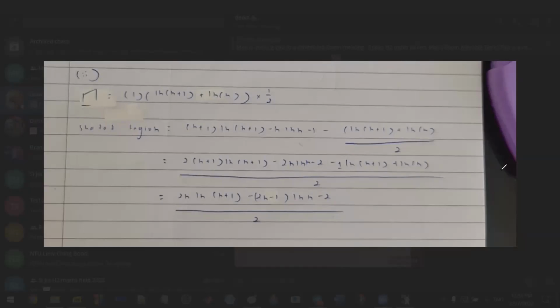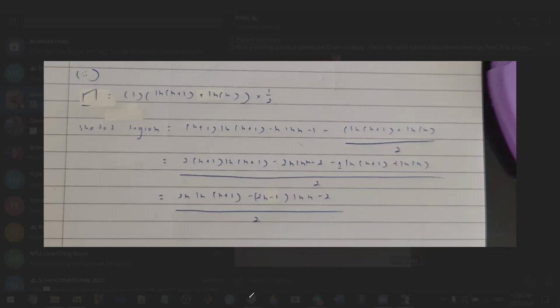I copy down what you wrote: 2 bracket n plus 1 ln of n plus 1 minus 2n times ln n minus 2, minus 1 copy of ln n plus 1, and then should be a minus ln n. That's not the major error. It's the next line that has a major error. Here, you divide by 2 is fine, but then over here you simplify as 2n ln n plus 1. How did you get 2n over here?